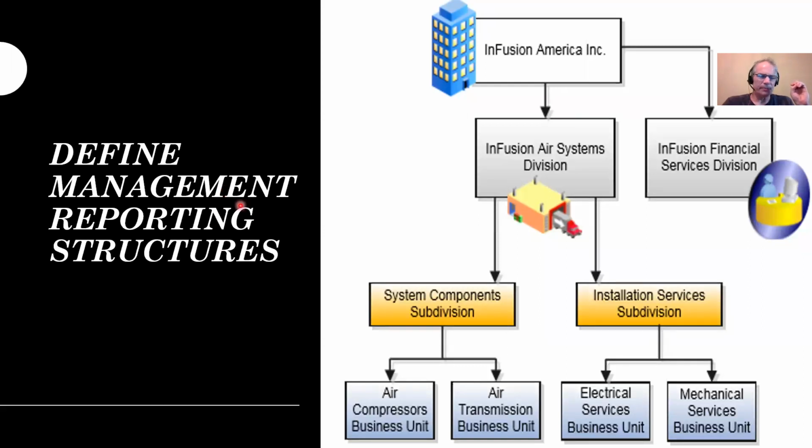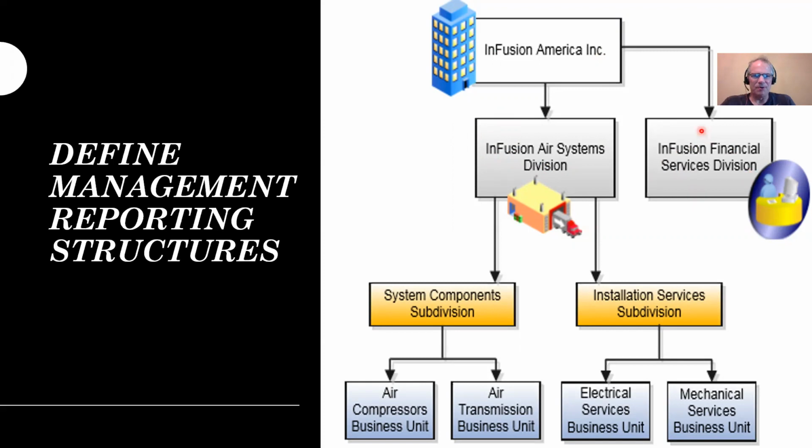So, defining a management reporting structure. A few things I want to mention about this slide. You have two divisions here for Infusion America: Air Systems, and a Financial Services division.